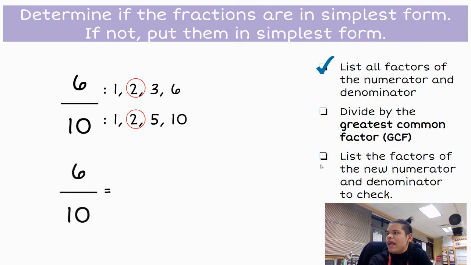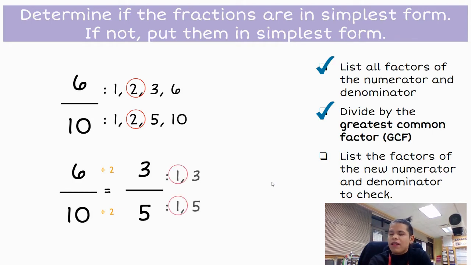Let's go ahead and divide by the greatest common factor. 6 divided by 2, anything you do to the numerator, you must do to the denominator. 6 divided by 2 is 3. 10 divided by 2 is 5. So we're going to divide by the greatest common factor and check that off. Now, we list the factors of the new numerator and denominator to check.